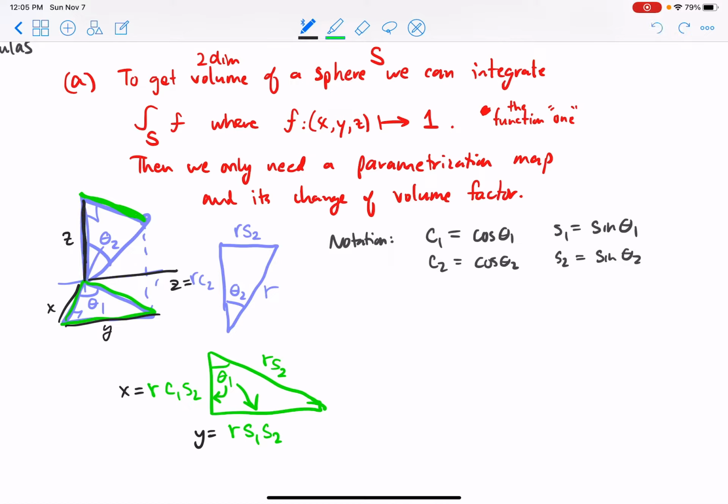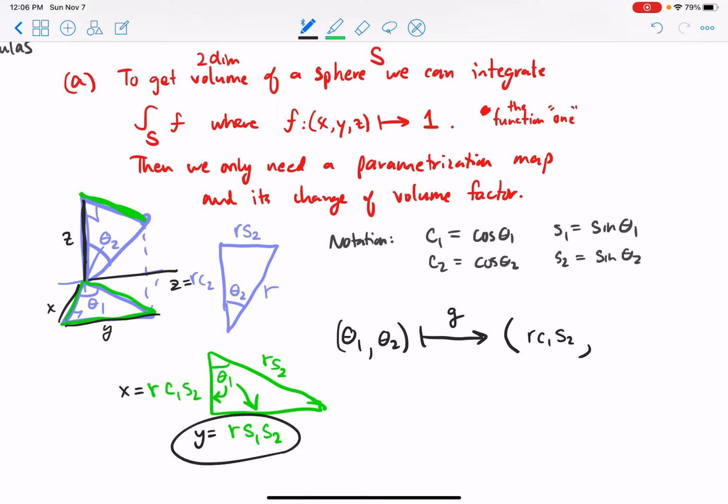Right there. Okay, so then the map is theta 1, theta 2 maps, let's call it G. And it should go to, well, x is r c1 s2, comma, y is r s1 s2, and z is r c2.